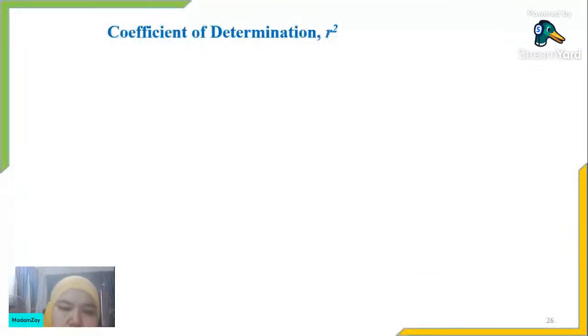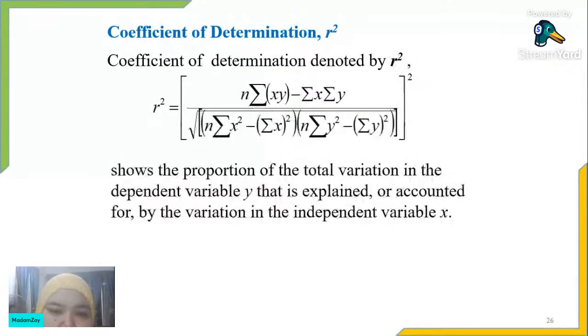Okay, so the coefficient of determination, we represent it as R squared. Denoted by R squared, it is equal to n multiplied by summation of xy minus summation of x summation of y, divided by the square root of the bracket of n summation of x squared minus summation of x all squared, close bracket, multiplied by open bracket again, n summation of y squared minus summation of y all squared, close bracket.